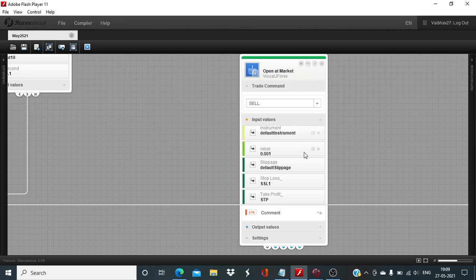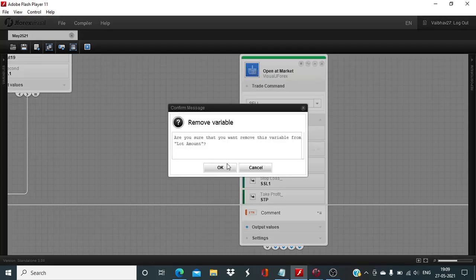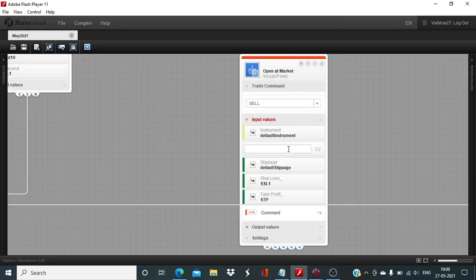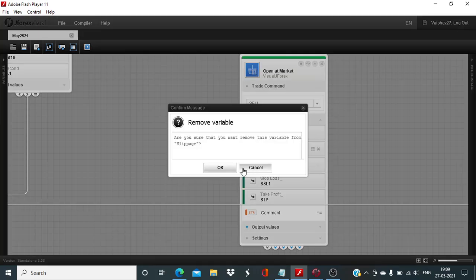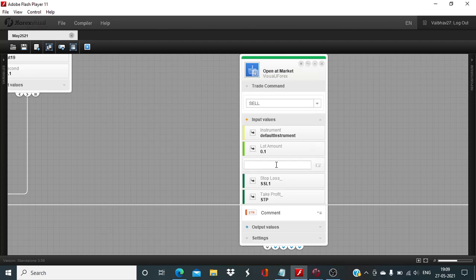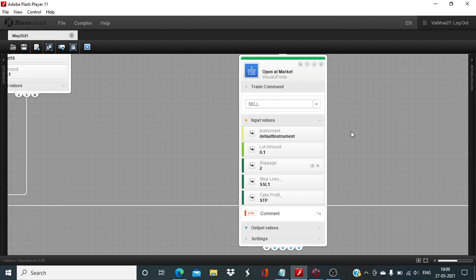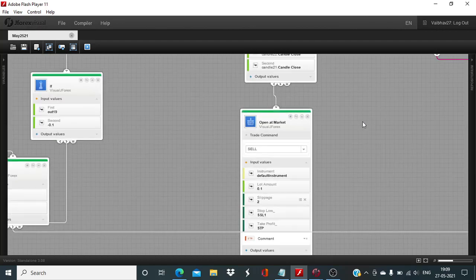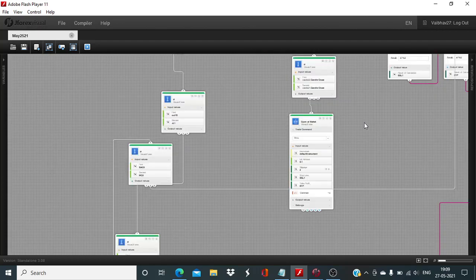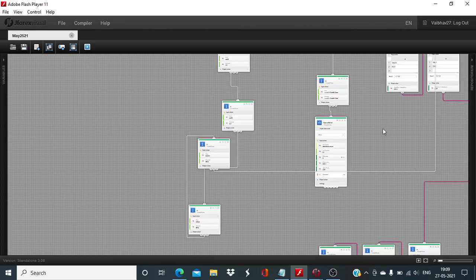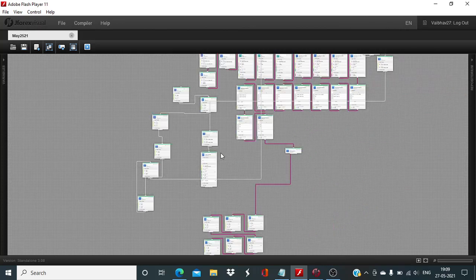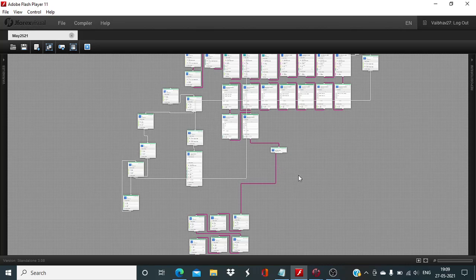Default instrument USD JPY, trade amount is going to be 0.1 million. Slippage is going to be 2 pips. And stop loss and target price we have already defined. Now all that needs to be done is to simply arrange these blocks and join it to the multiple action.